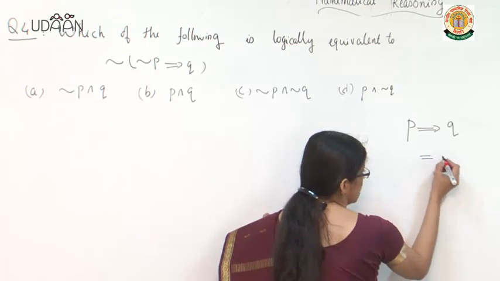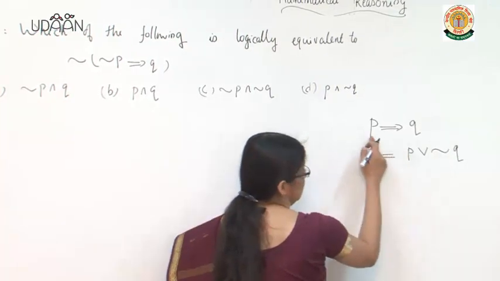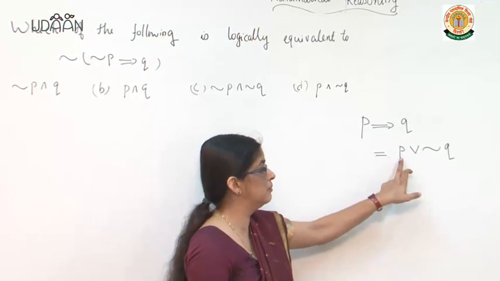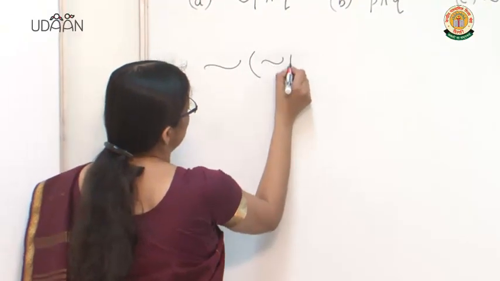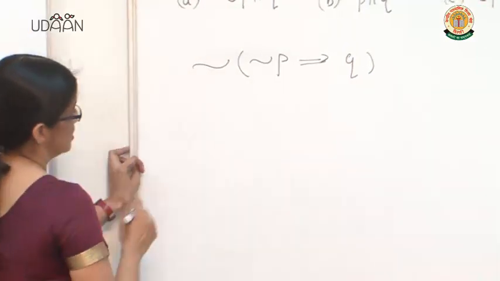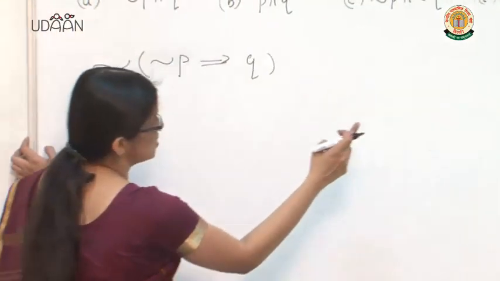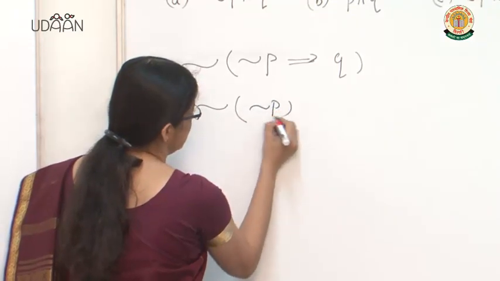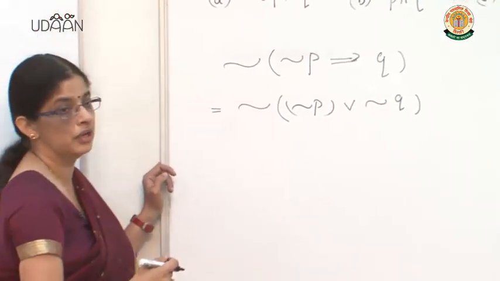This is logically equivalent to negation of P or Q. We have seen that the conditional statement P implies Q is the same as negation of P or Q. The statement given is negation of P implies Q. Let's apply that, which is equal to negation of P implies Q is P or negation of Q. So this implies negation of P or negation of Q by applying that formula.